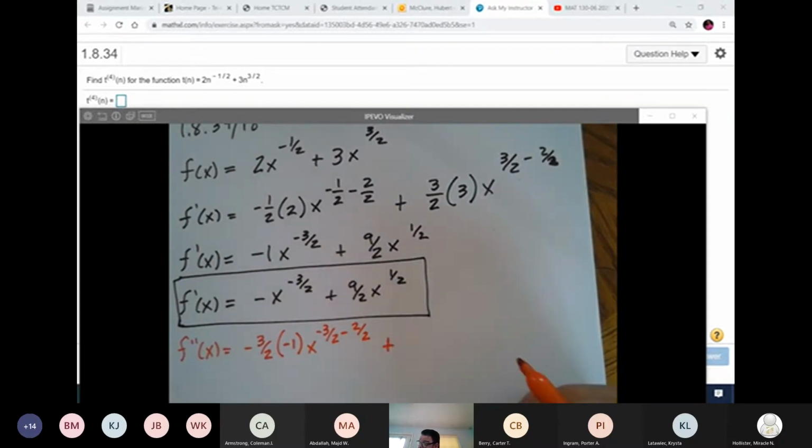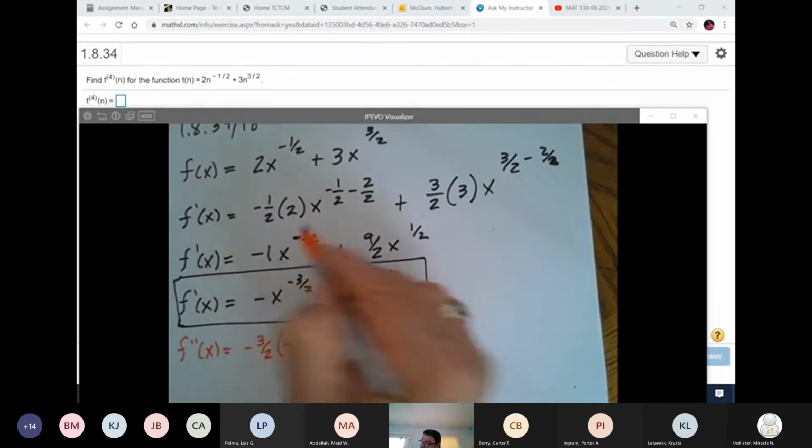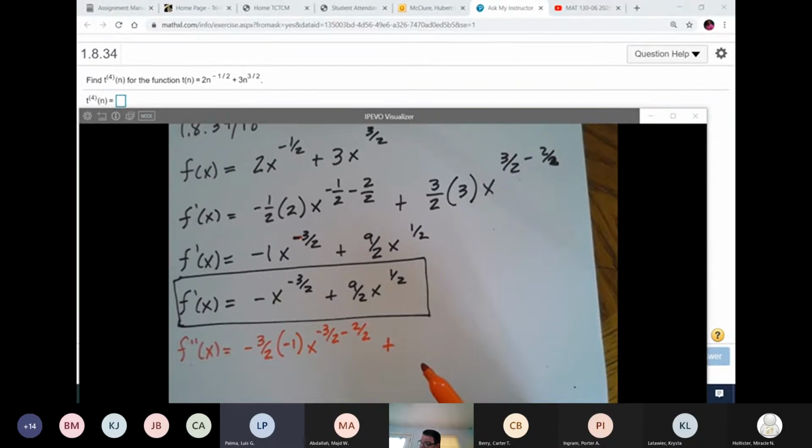Would it be positive 3/2? Well, right here, this would be -3/2 right here. But times the -1? I haven't done it yet.